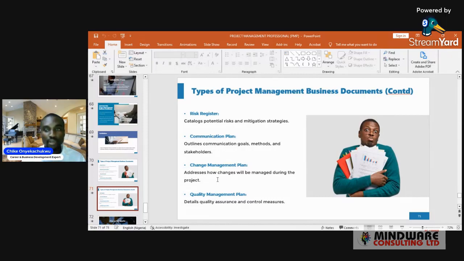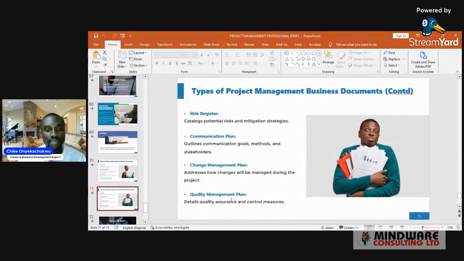Changes in policies, all right? So you need to understand this, even changing in seasons. You need to understand how these changes are going to impact on your project, and then have laid down strategies on how you are going to approach them. Okay, change management, very, very important.